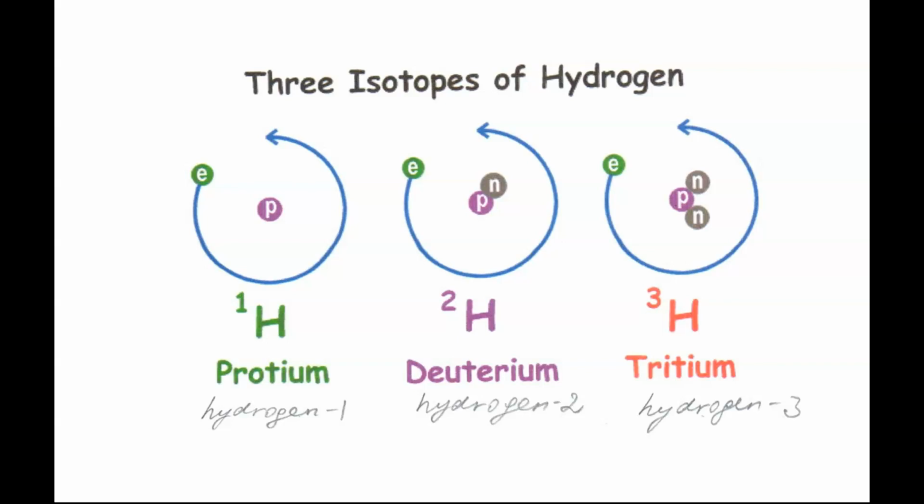DNA is a molecule that contains hydrogen, and DNA is also a hereditary molecule, right? This is where the genetic information is stored. So scientists use hydrogen-3 isotope to study how the cell makes more DNA molecules, for example.